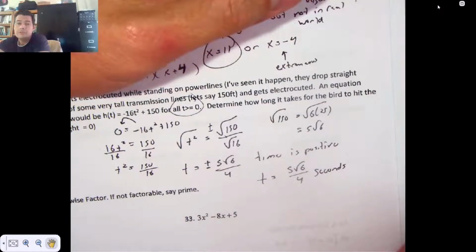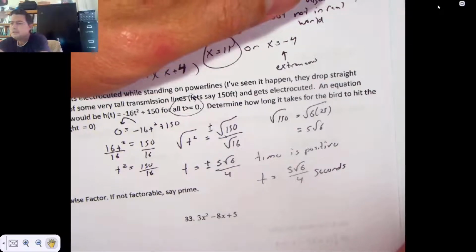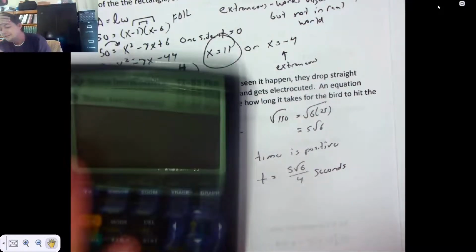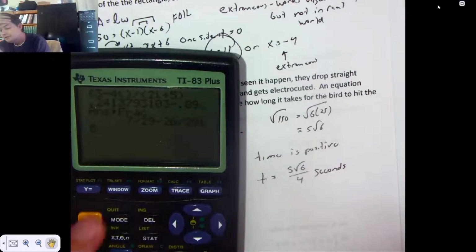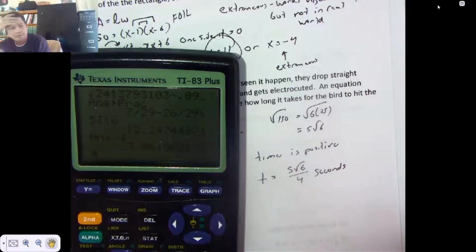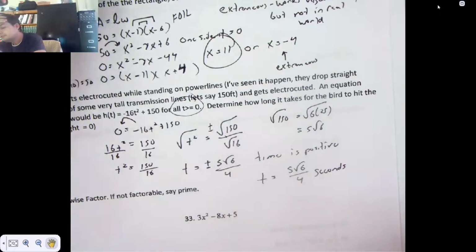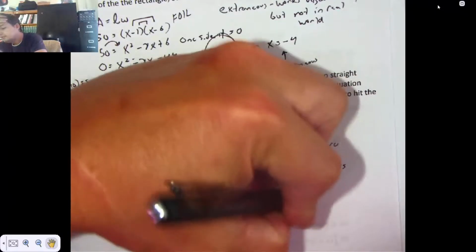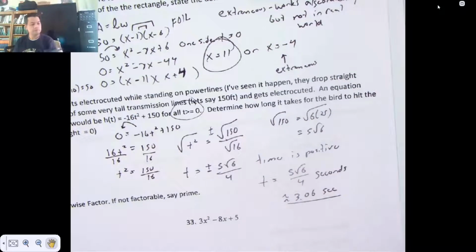I mean, you ask anybody what time it is, nobody says it's 3 root 6 o'clock. Nobody says that. So 5 root 6 over 4 takes it about a little over 3 6/100 of a second to hit the ground. Doesn't take too long.